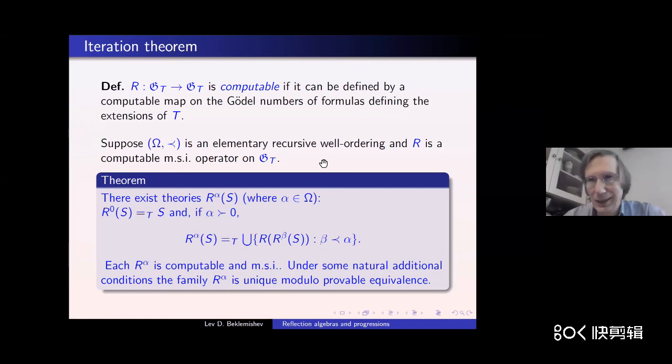So the traditional proof theory did it as follows. They say, okay, here is this nice ordering epsilon naught, defined by Cantor normal forms, ordinal notations defined by Cantor normal forms. Consider it.